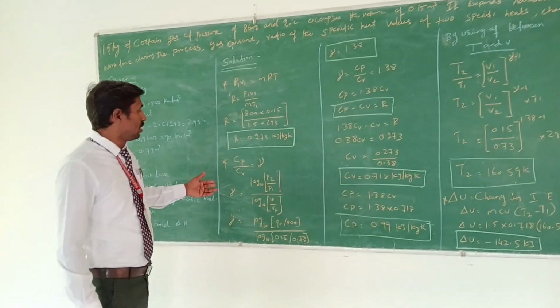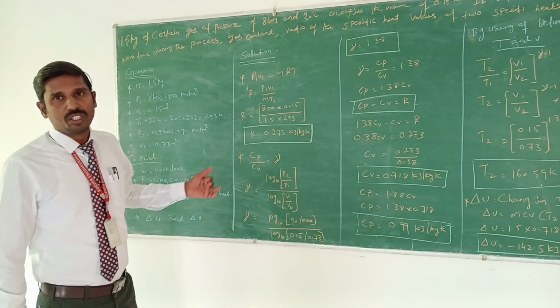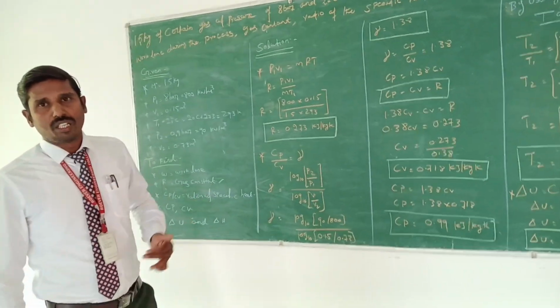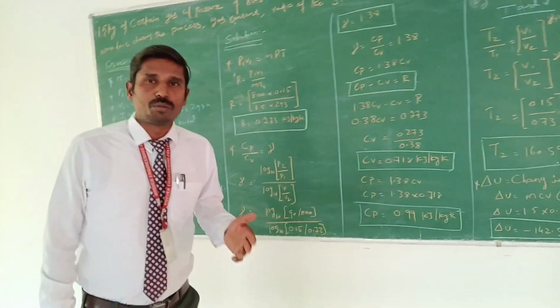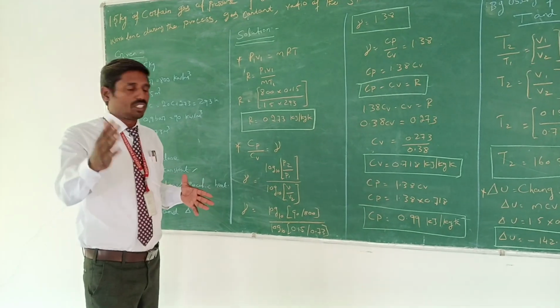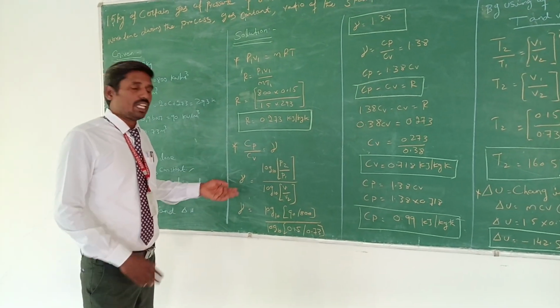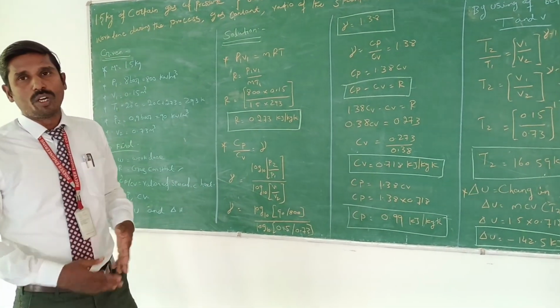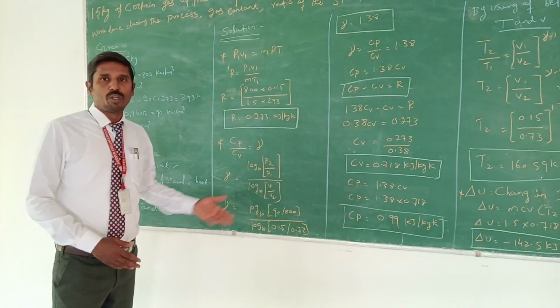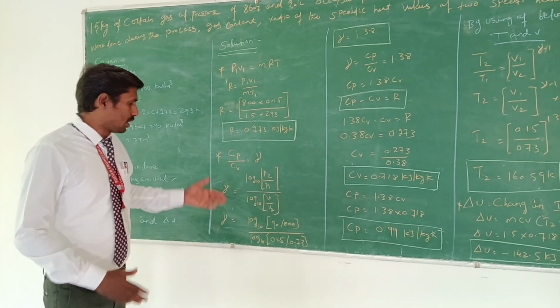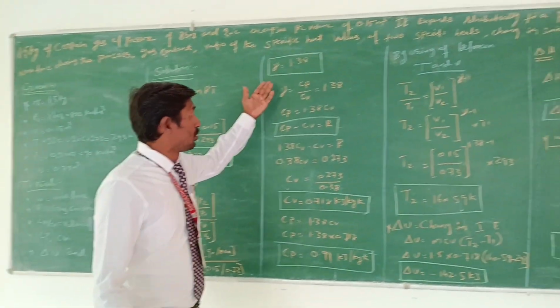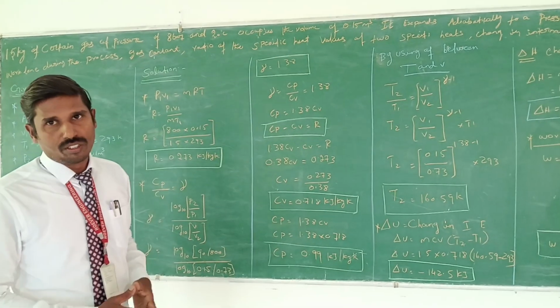Next, we need Cp by Cv equal to lambda, the specific heat ratio of the specific heats Cp and Cv. Lambda is log of P1 by P2 divided by log of V2 by V1. Putting in the values, lambda equals 1.38.